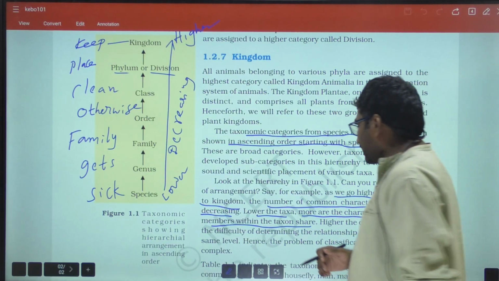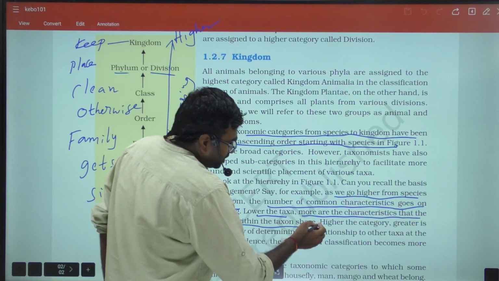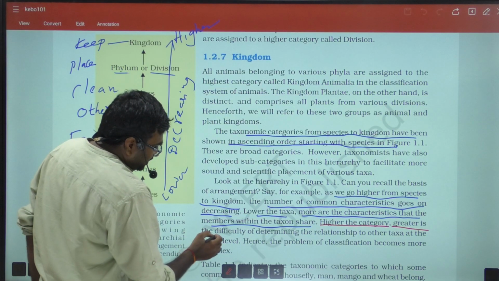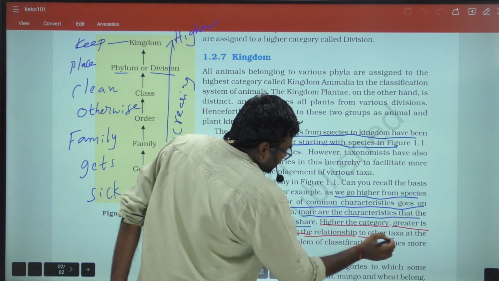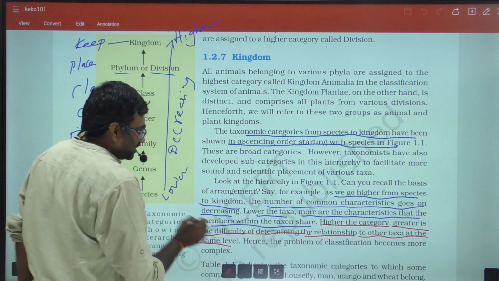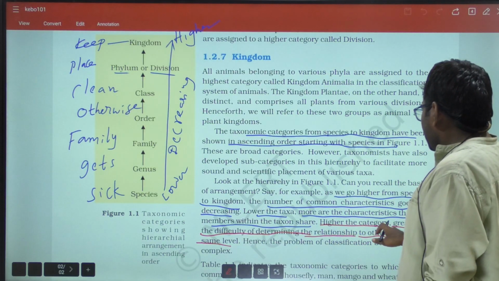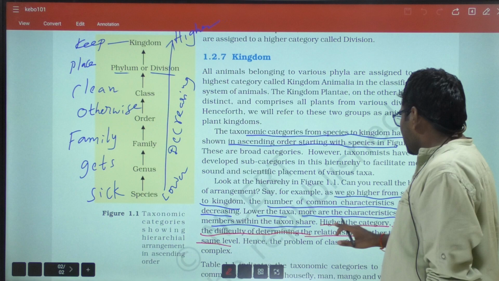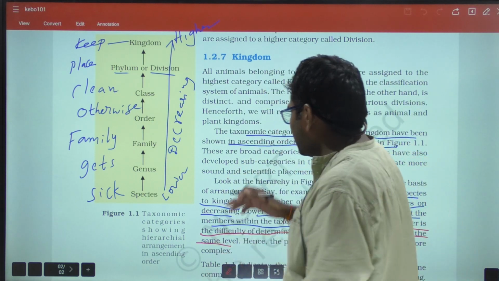Another important point is that higher the category, greater is the difficulty of determining the relationship to other taxa at the same level. So you have to remember these 3 points.